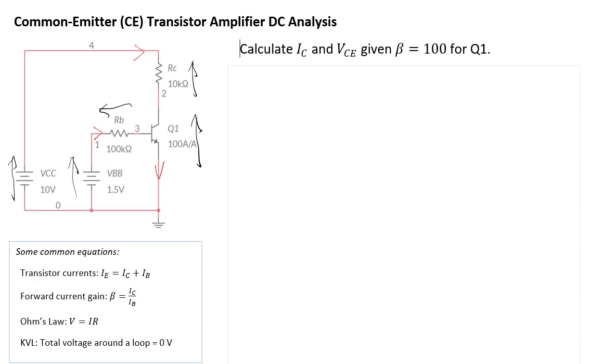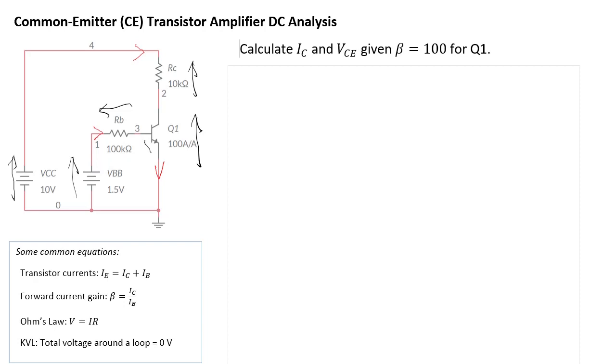Now let's start writing some equations. Let's have a look at this loop here. There's one more voltage, VBE. This is NPN, so the transistor is in forward active mode, which means the base-emitter junction must be forward biased: P needs to be attached to a plus, and E to a lower potential.